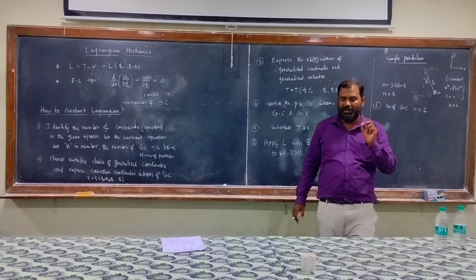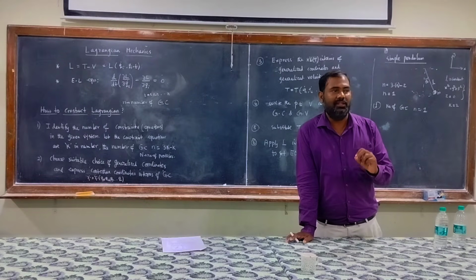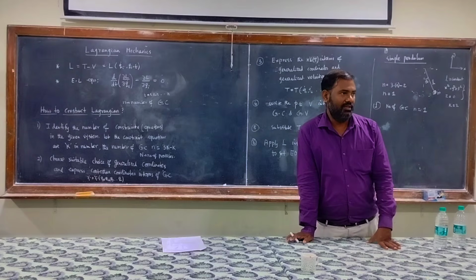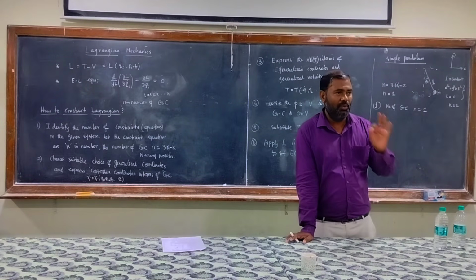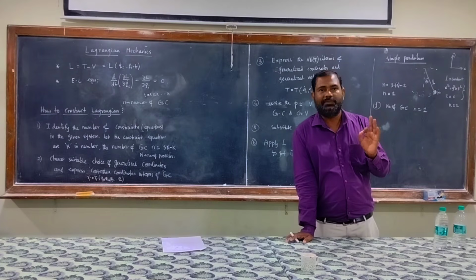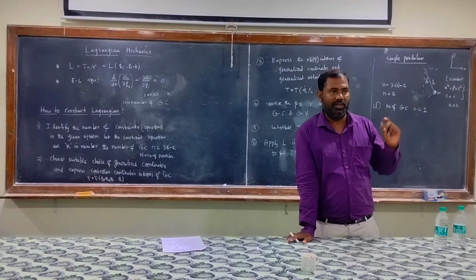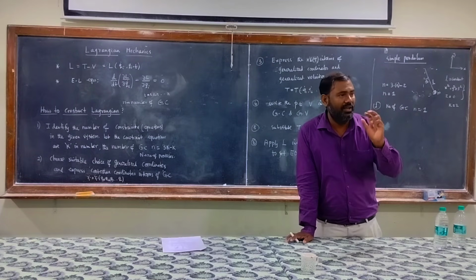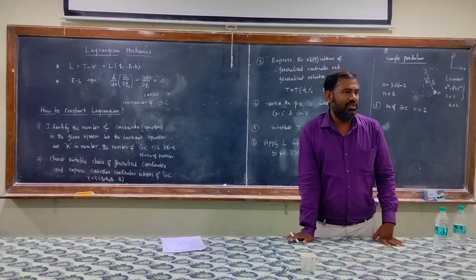It is the minimal number of coordinates which will explain the motion of the object completely. If I know only one coordinate, I am able to explain all the motion of this simple pendulum. It is the minimal number of coordinates required to explain the motion of the object completely.